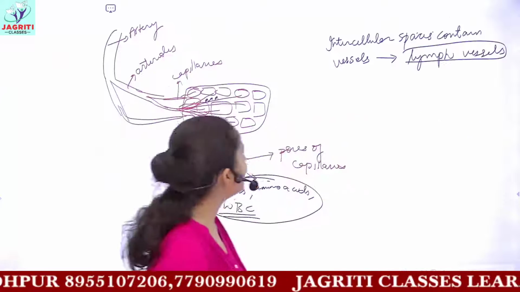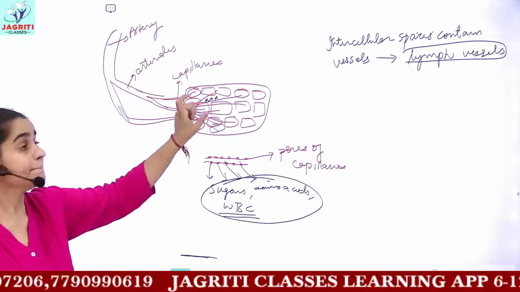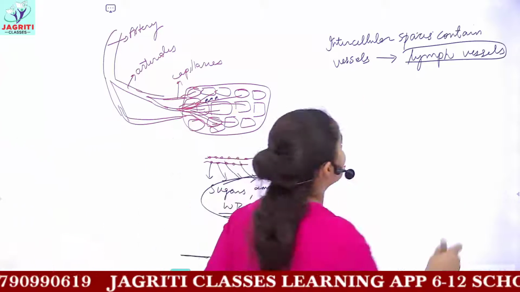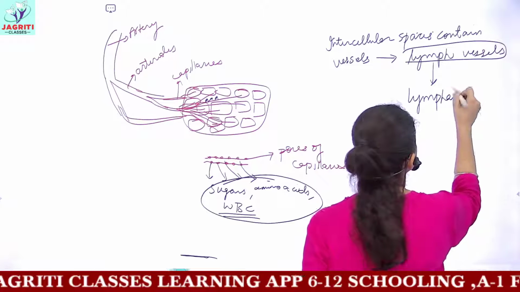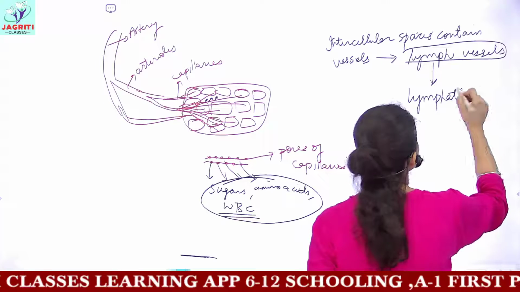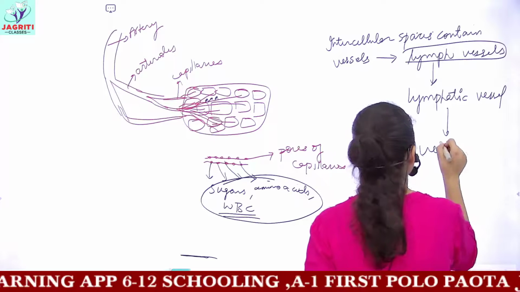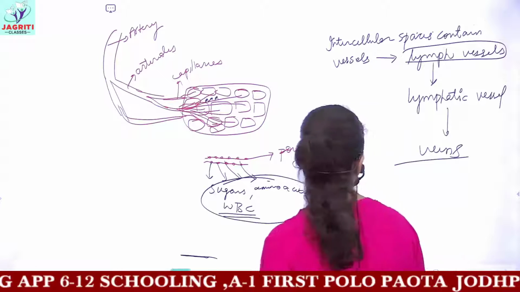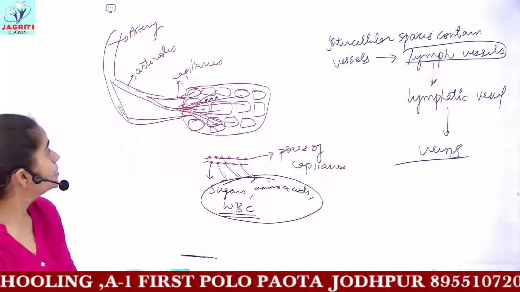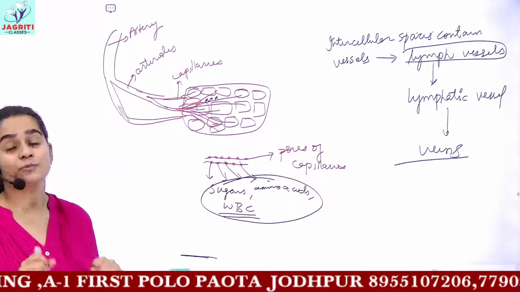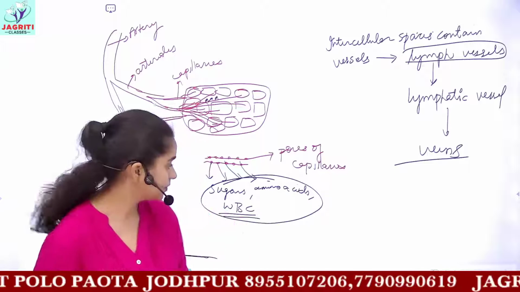I gave you an idea about how lymph gets formed. These lymph vessels join together to form a larger lymphatic vessel which opens up to veins. And from the veins, deoxygenated blood is carried again to the heart. So this is the function of lymph, the formation of lymph, and some structural and chemical composition of lymph.